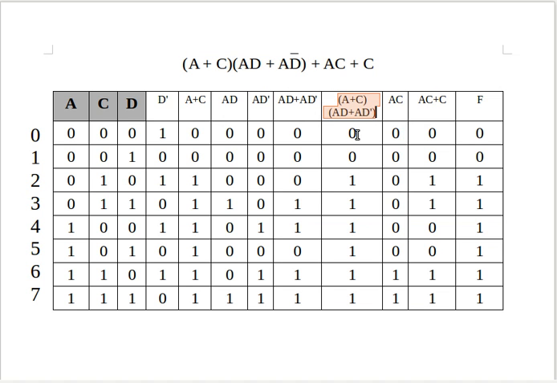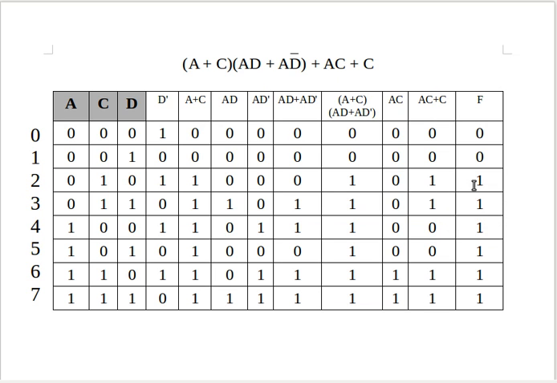We ORed it with this. 0 or 0 is 0. 0 or 0 is 0. 1 or 1 is 1. 1 or 1 is 1. 1 or 0 is 1. 1 or 0 is 1. 1 or 1 is 1. And here 1 or 1 is 1. So now in my output, how many ones do I have? 6 ones. Those are the important for us.